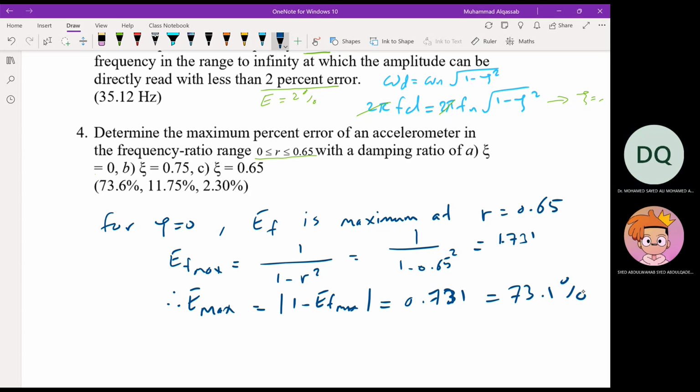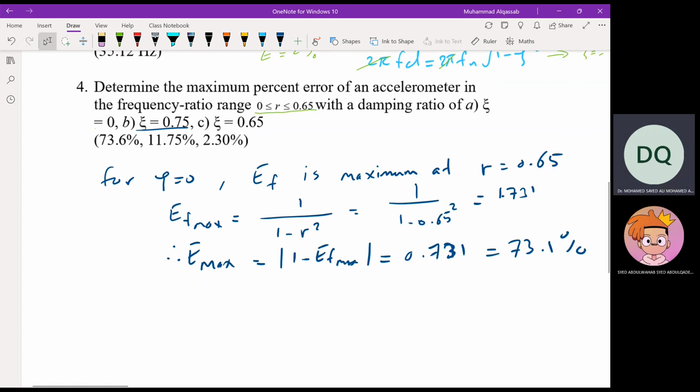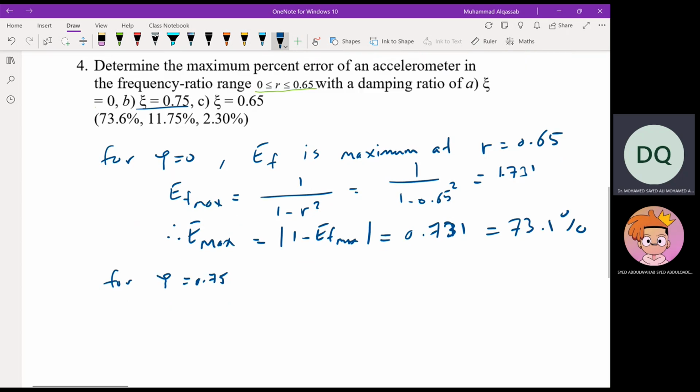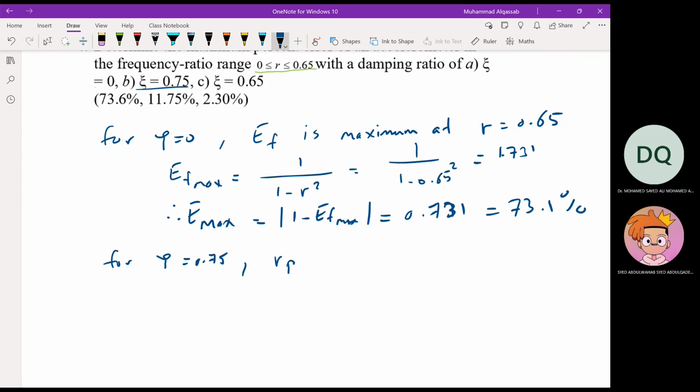Part B, when zeta equal to 0.75. When you check the R peak, it is the square root of 1 minus 2 zeta squared.